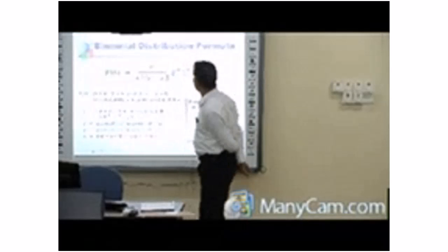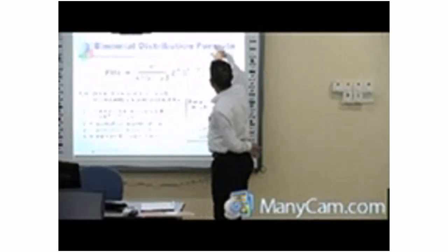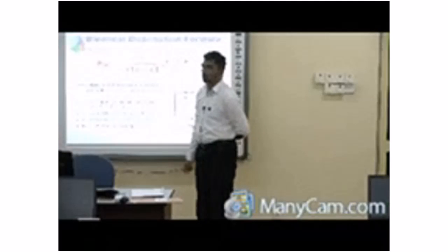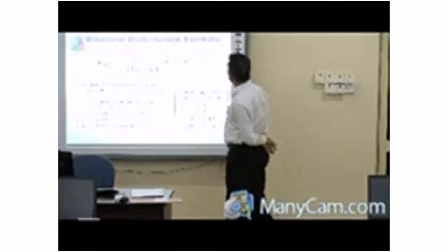Factorial 5 means the multiplication of all the numbers down from the given value: 5 into 4 into 3 into 2 into 1. 5 into 4 is 20, into 3 is 60, into 2 is 120.